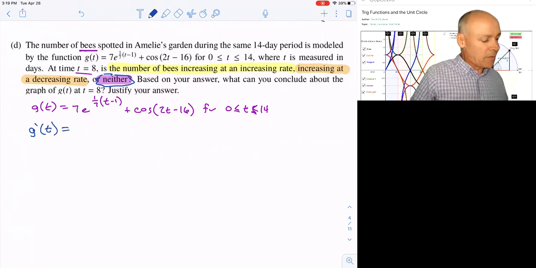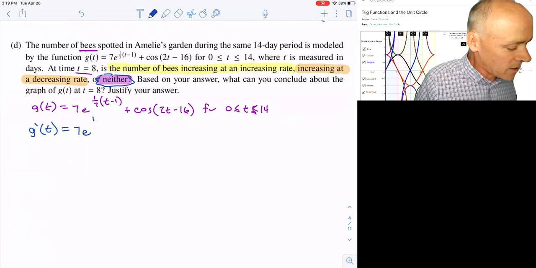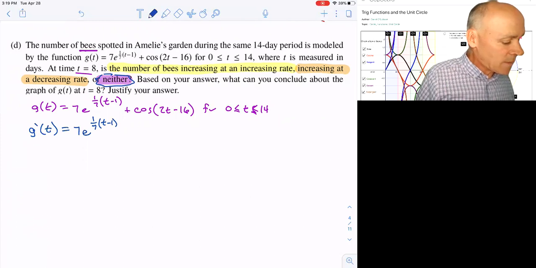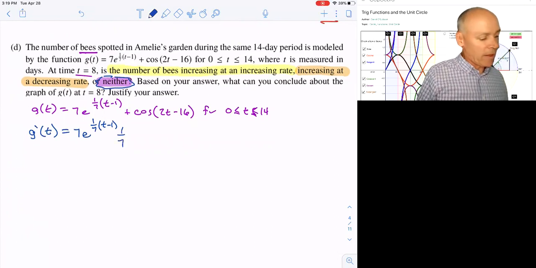Well, if I'm taking the derivative of this, I know this exponential part is going to be the whole shebang and match just the way it is, as it's an exponential, then times the derivative of the inside function, which is just going to be times 1/7. Okay.